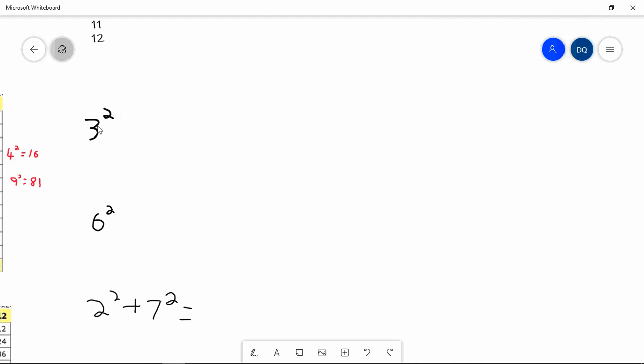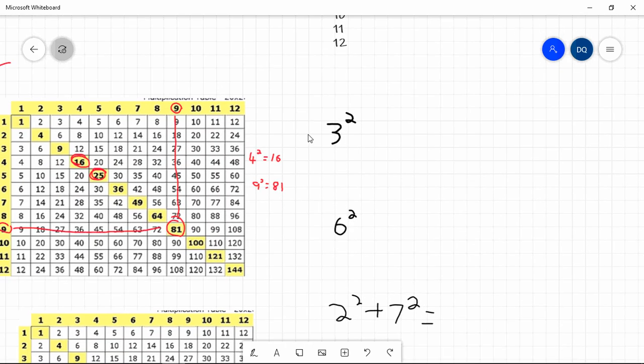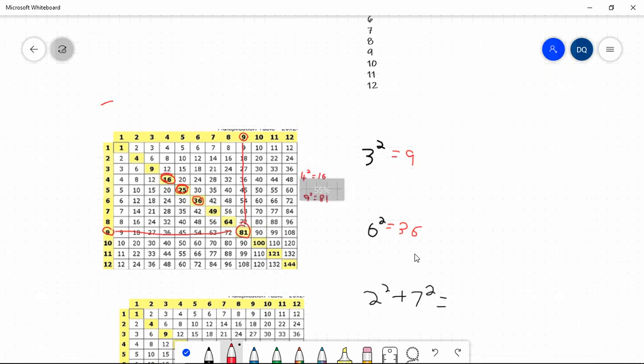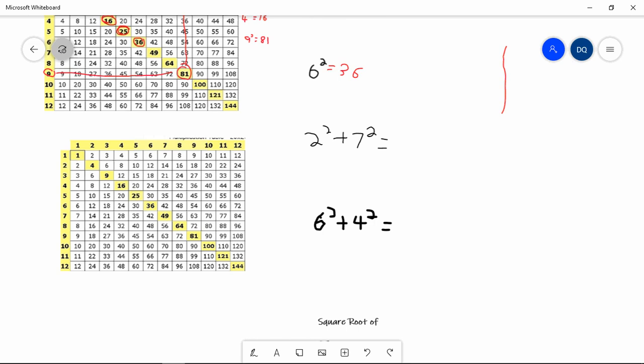So for example, 3 squared, if you look over at your table, if you don't happen to know it, 3 times 3 is 9, so 3 squared is equal to 9. 6 squared, 6 times 6 is 36. So 6 squared is 36. And then in the next set of practice questions, you're being asked to add some of the squares.